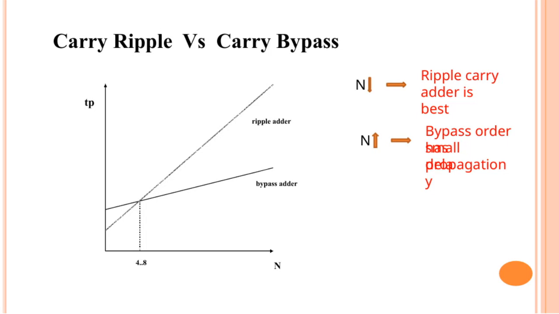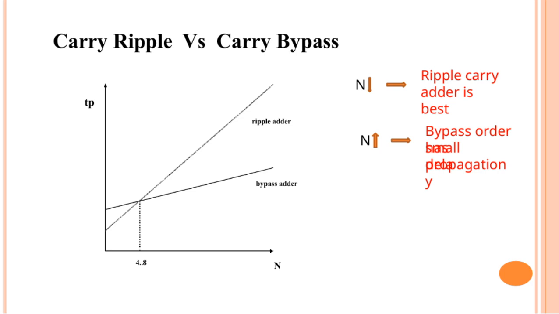Here, we're comparing the carry ripple adder with the carry bypass adder. The ripple carry adder is straightforward, but can be slower because each bit must wait for the previous carry to propagate through, resulting in a delay proportional to n, the number of bits. On the other hand, the carry bypass adder improves speed by allowing certain groups of bits, typically between 4 and 8, to bypass waiting for carries to propagate through every single bit.